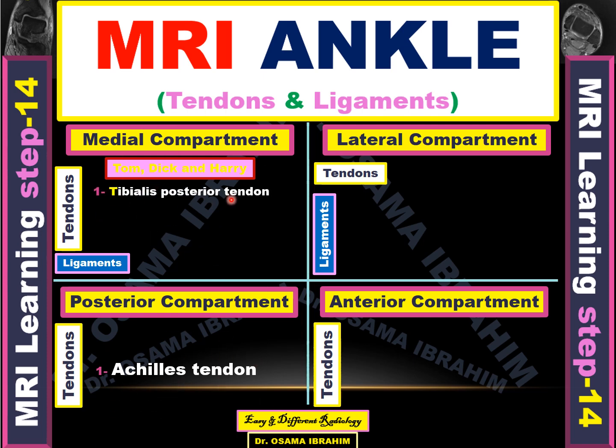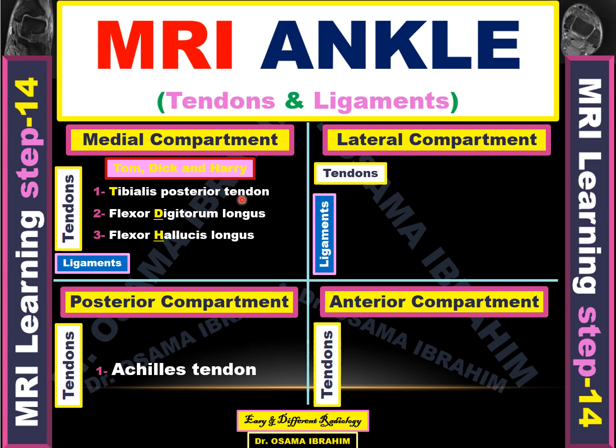For the medial compartment, depend on Tom, Dick, and Harry to remember the tendons from medial to lateral and from anterior to posterior, which are the tibialis posterior tendon, flexor digitorum longus, and flexor hallucis longus.